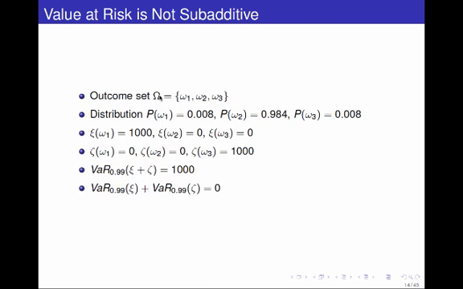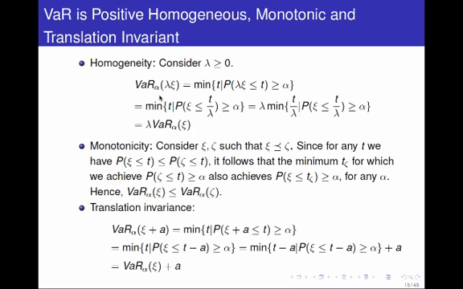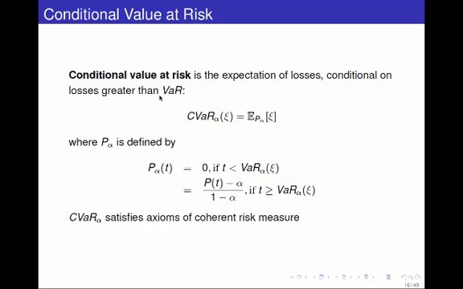I'm not really a financial engineering expert, so I can't tell you how serious this is in practice versus just being an academic exercise, but I can tell you that it does upset academics that it doesn't satisfy subadditivity. The bottom line of this discussion, nevertheless, is that we come up with another measure, which is conditional value at risk.